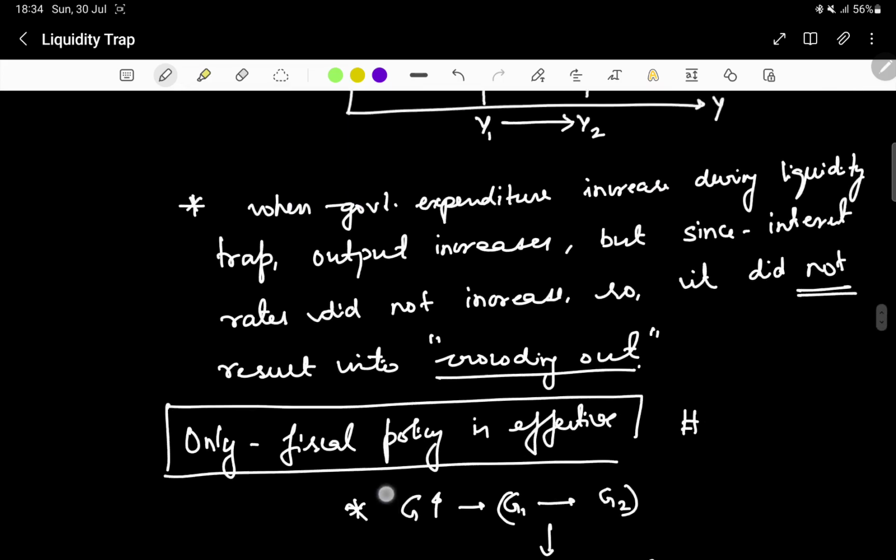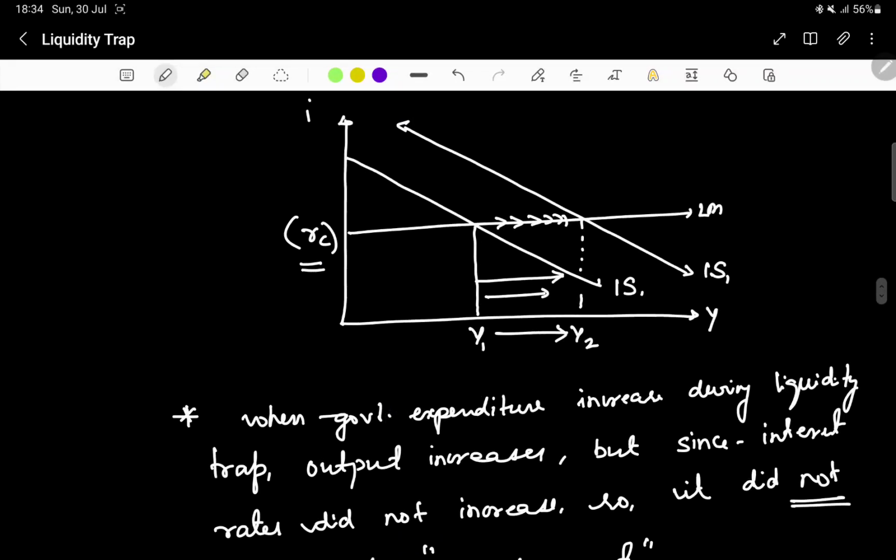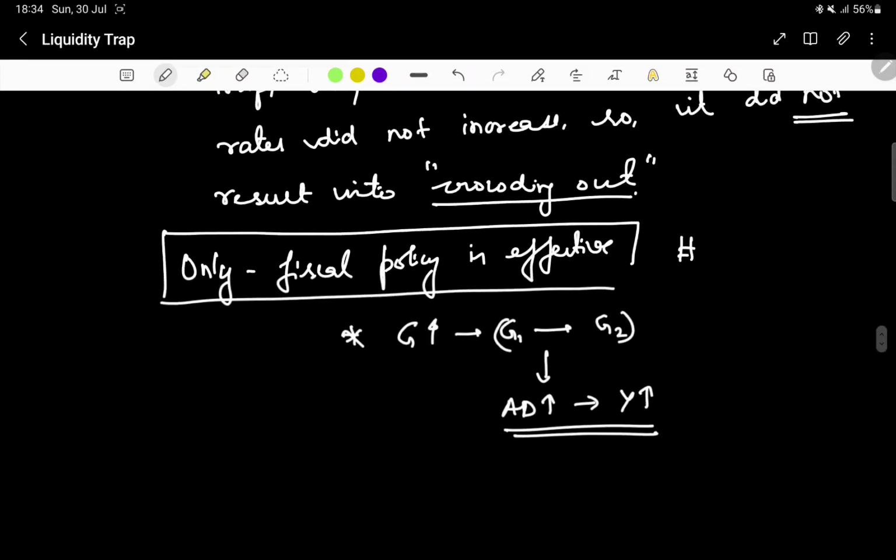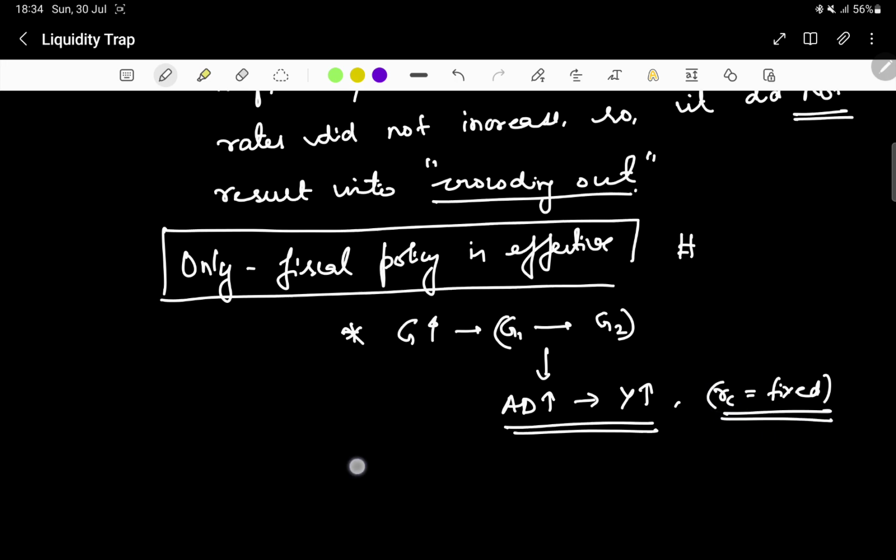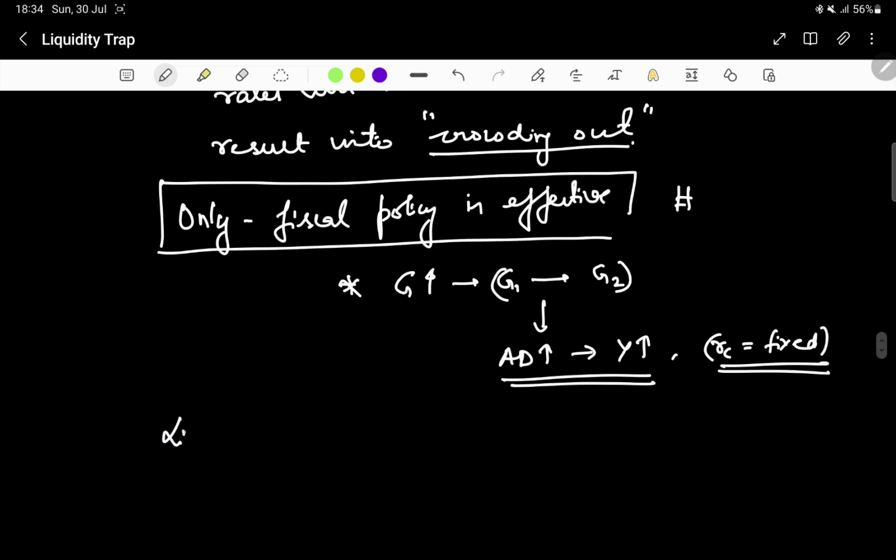And as you have seen, the crowding out state is not possible because R critical was fixed, it did not increase, so crowding out did not take place with the increment in G.